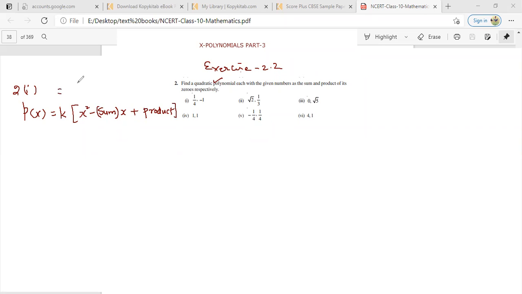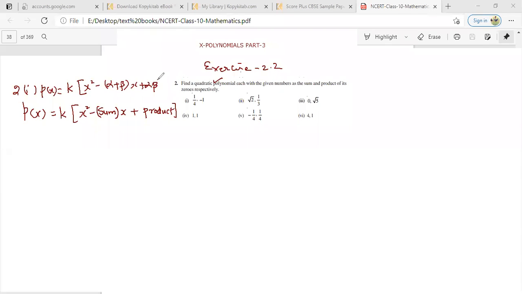The same thing we can write in this way. If alpha and beta are given, if their roots are given, then we can say x square minus sum of the roots, alpha plus beta, x plus alpha into beta.